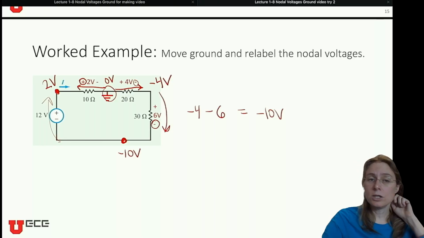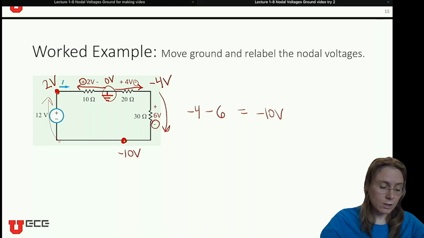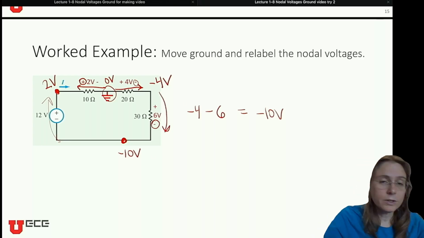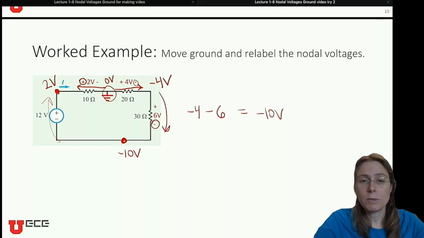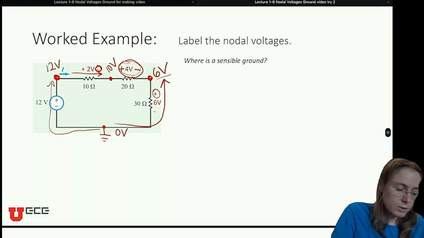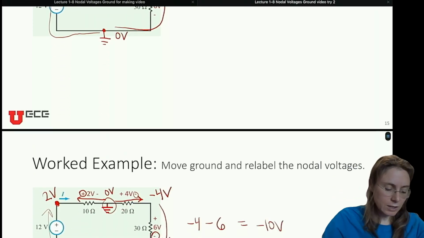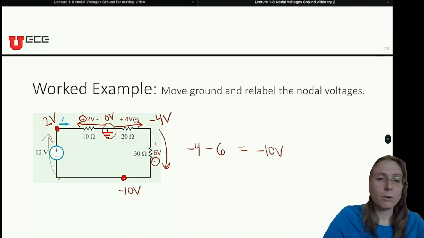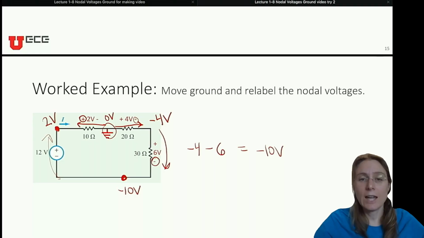One thing you should notice here is that because all the voltage differences stay the same, and I've just changed where I'm labeling the reference point, all of these nodal voltages are just shifted by the same value. Up here in this circuit, this node was 10 volts, and this node was 0 volts, but then we made the 10 volt node ground or 0 volts, so it's like we subtracted 10 from the reference of every nodal voltage.